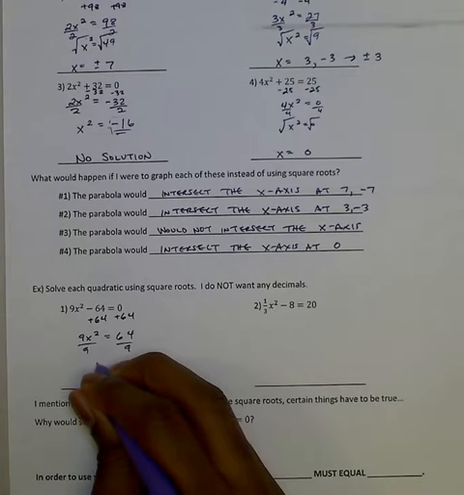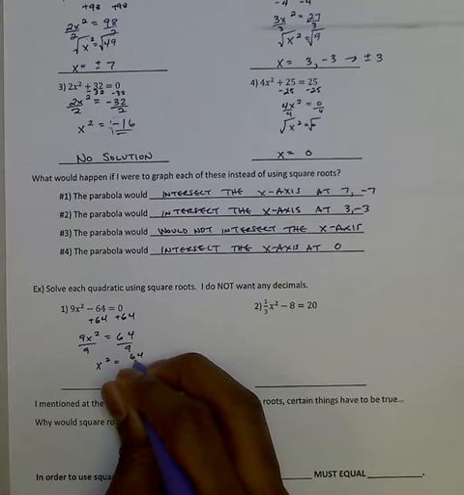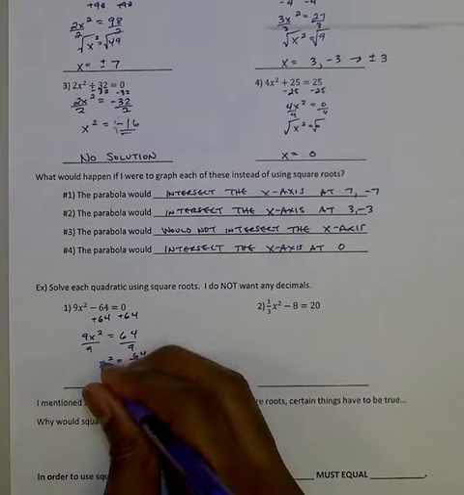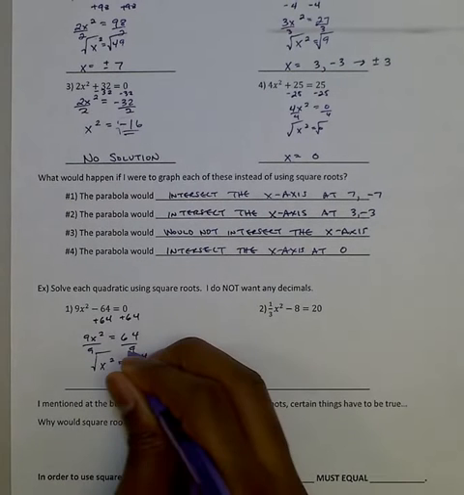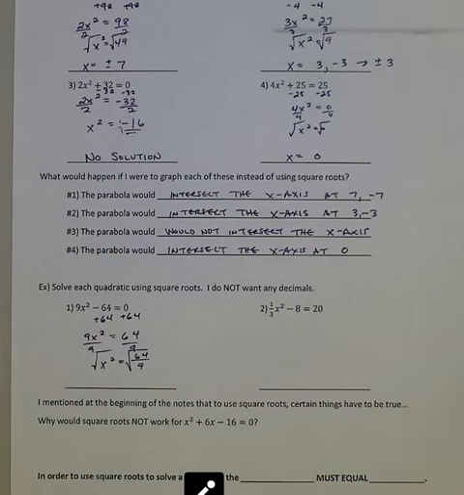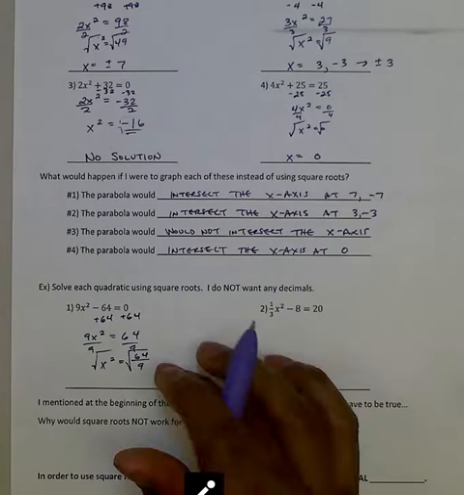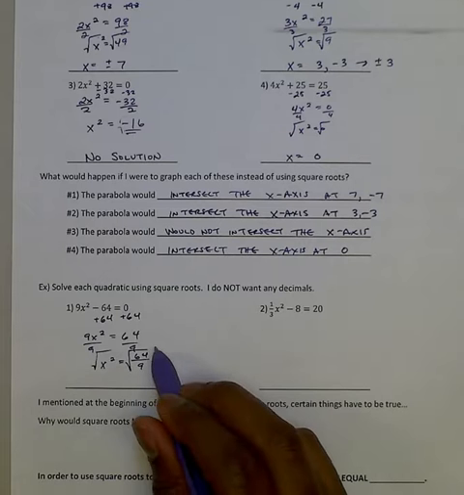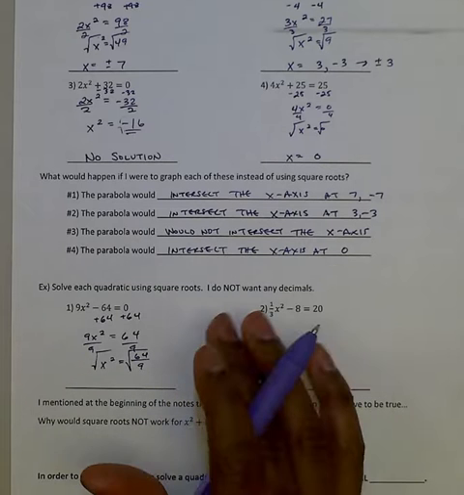We get x squared equals 64 over 9. Now, a lot of people run to make this a decimal. Don't. We need to take the square root of this. Because 9 does not go into 64 evenly, it will be easier for us to keep this as a fraction.